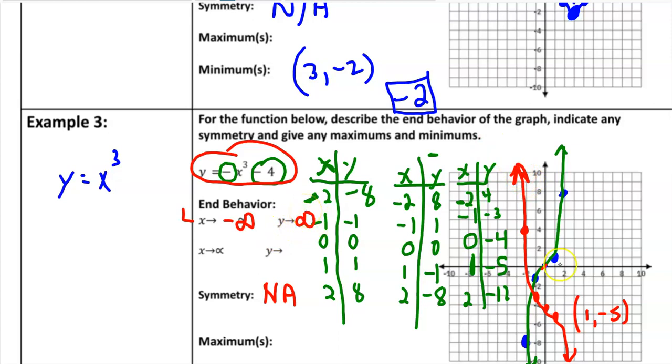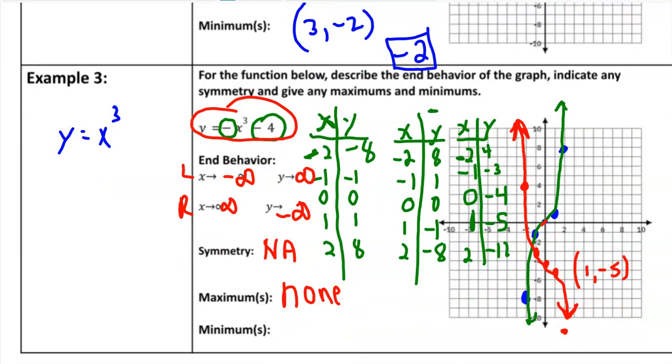As x approaches positive infinity on the right side, y is going down, so it's going towards negative infinity. This one does not have a max or a min. Okay, I think that's it.